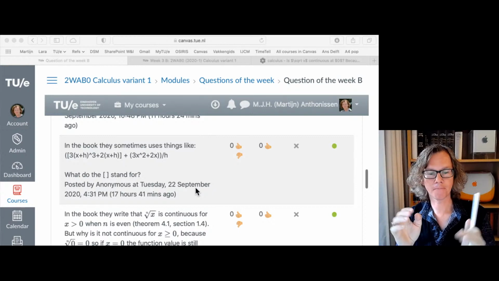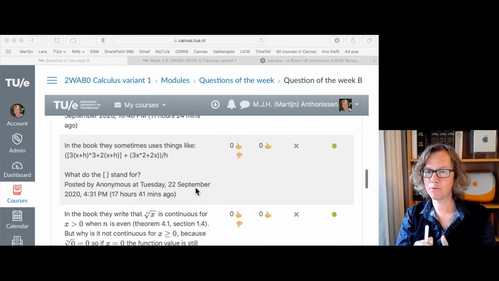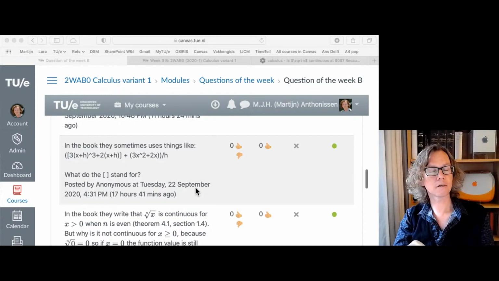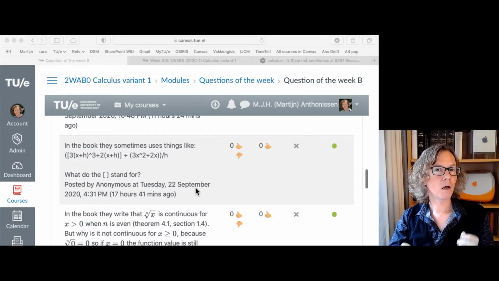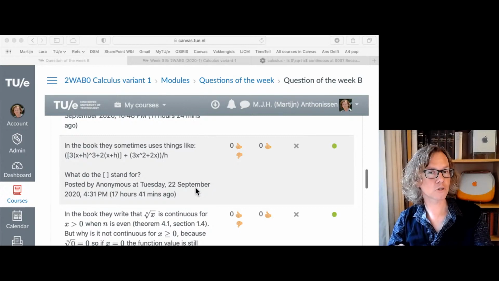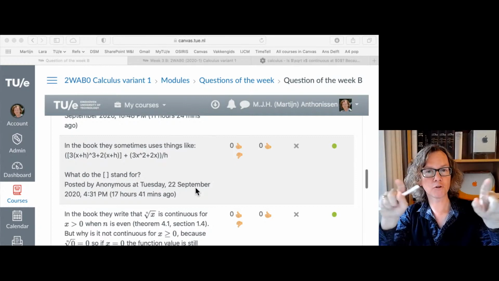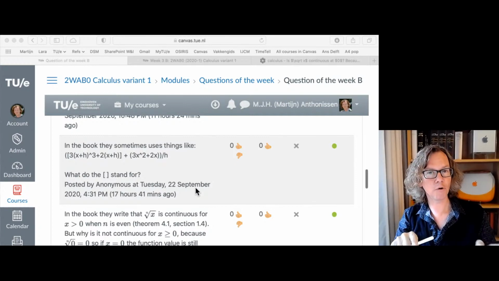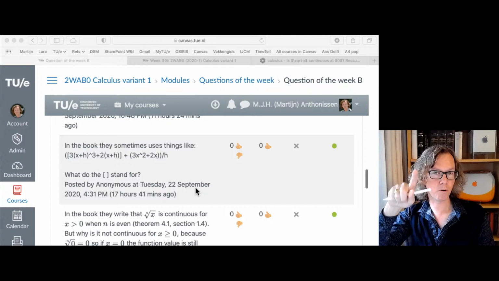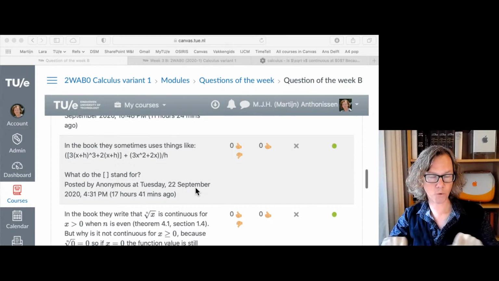So they can be used as kind of an alternative, just to make it a little bit more clear to read. When we talk about integration, one of the next topics, often with integration you also use them if you have found a primitive function, as you may recall from high school. So you either write a vertical bar or you write these square brackets.